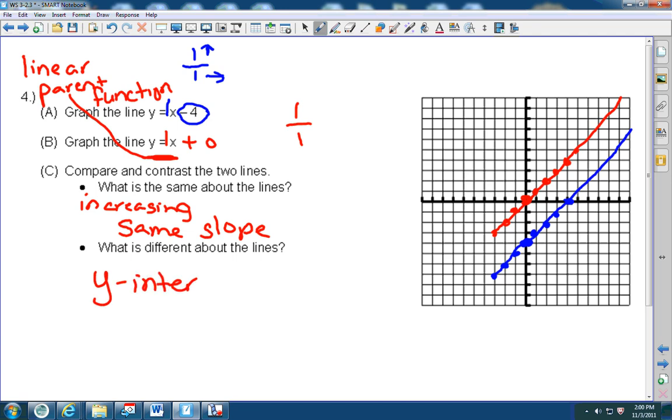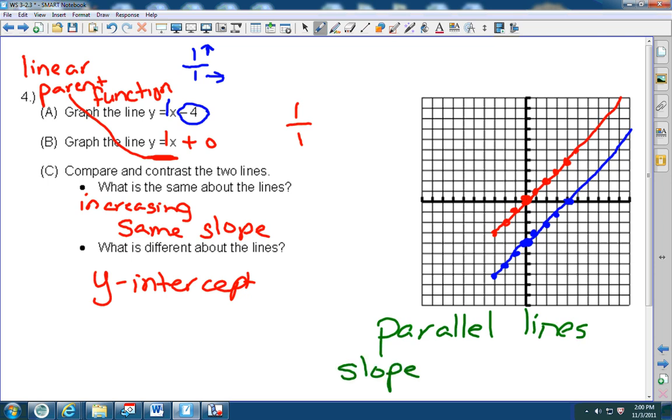Their y-intercepts. Well, when two lines are like this, these are parallel lines. And you will be able to find out they are parallel lines from their equations, because when they have the same slope, the lines are parallel.